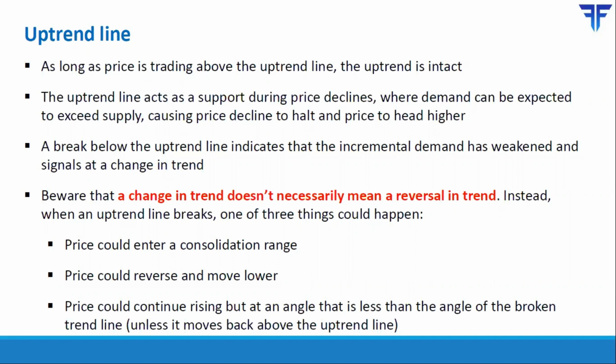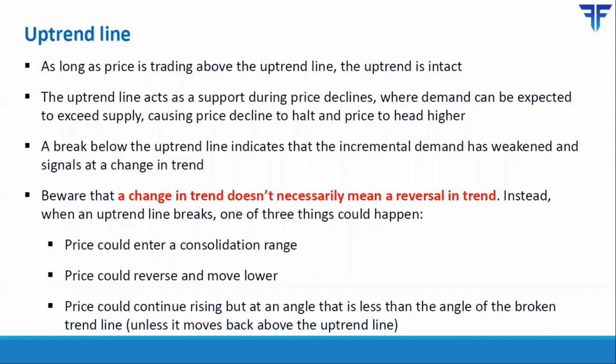Whenever an uptrend line breaks, one of three things could happen. One is that price could start consolidating following the break of the uptrend line, so it could become sideways. Other is that price could reverse its trend and start declining. And the third possibility is that even after the break of an uptrend line, price could still continue moving higher, however, at a lesser angle than the angle at which it was previously rising.